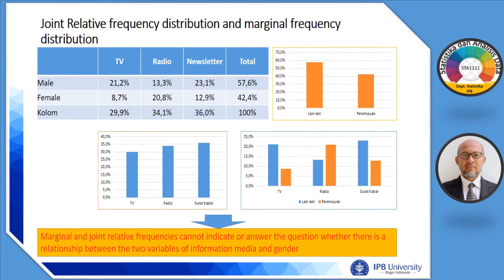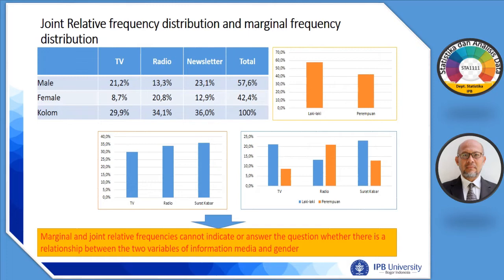Okay, so if you want to describe the joint relative frequency, you can also make a description through a graphic like this. In every category, for example, in television media, you can compare between male and female.